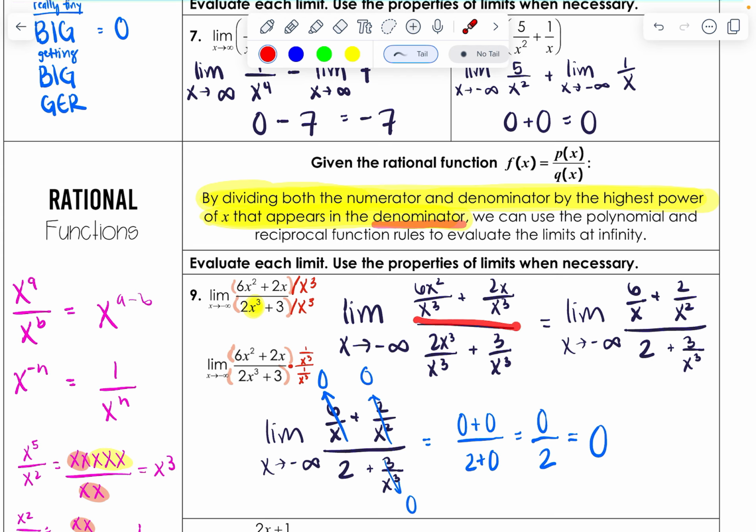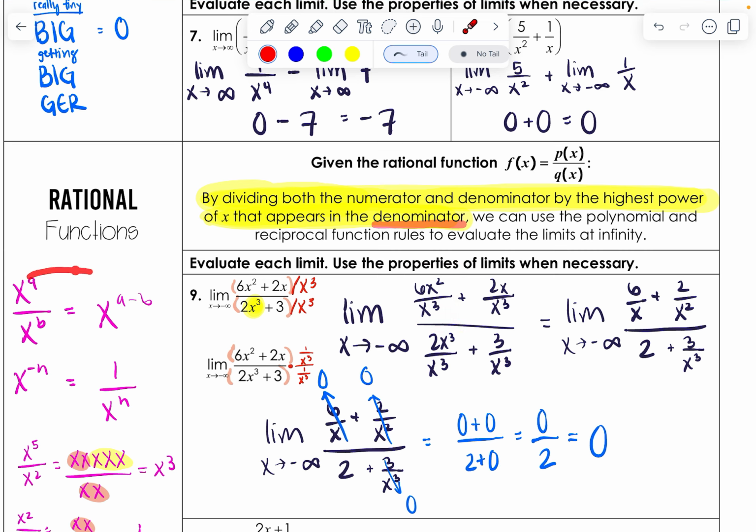So I write that out, and then I have to simplify each one. And that's where this comes in, right, where you can simplify them. So 6x squared over x cubed is going to be 6 over x.